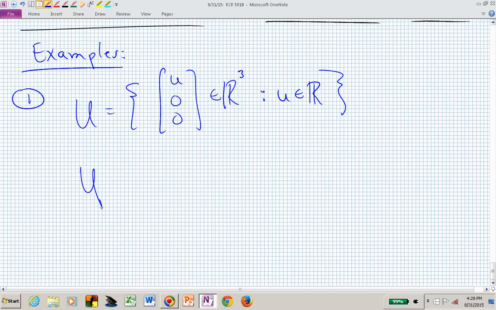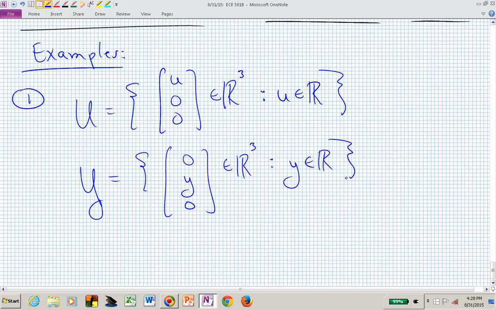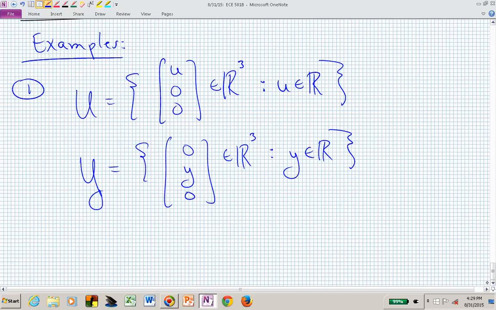Let's say script Y is now (0, y, 0), where the first and third coordinates are 0, and the second coordinate is any real number. And I think you can see where I'm going with this.